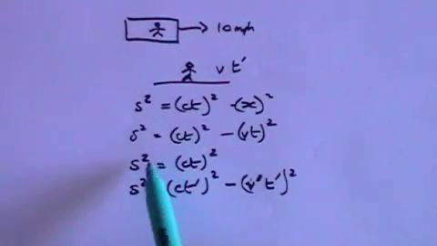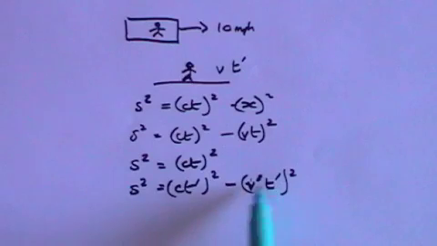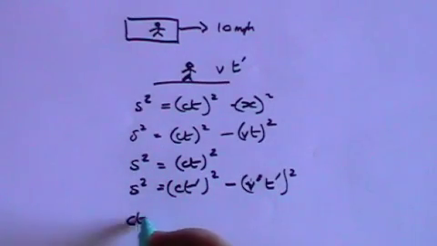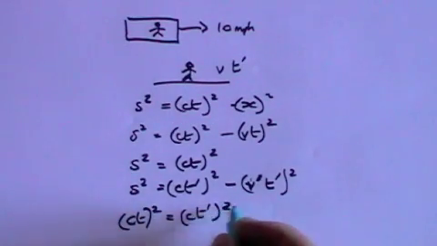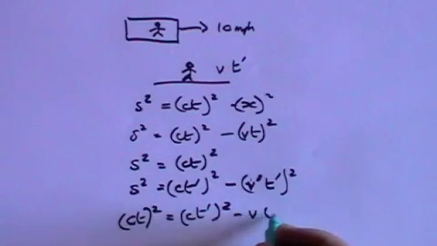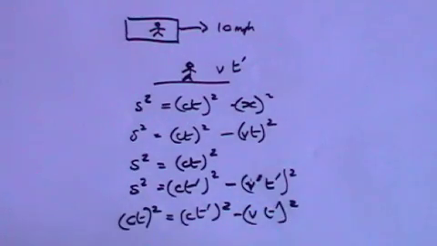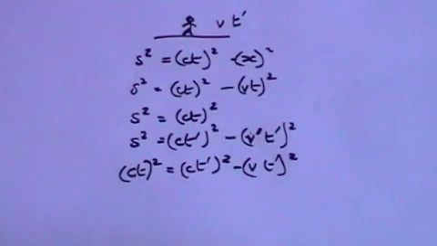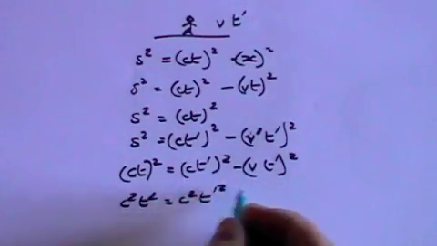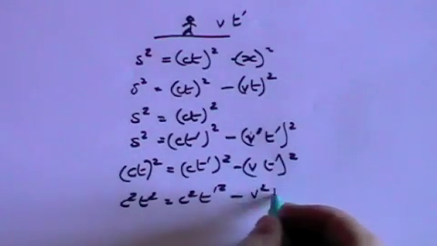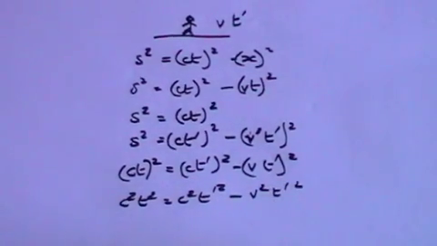But these two values are the same because s squared is constant. Everybody measures the same s squared. So now we can say that ct squared equals ct prime squared minus vt prime squared. So just multiplying that out, c squared t squared equals c squared t prime squared minus v squared t prime squared.